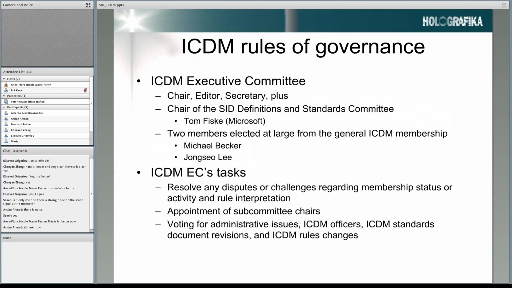The Executive Committee of the ICDM consists of the Chair, Editor, Secretary, the Chair of the SID Definitions and Standards Committee, as well as 2 more members from the ICDM. The Executive Committee is responsible for resolving any disputes about the interpretation of the rules, appointing the chairs of the subcommittees that I'm going to talk about later, as well as voting for officers, documents, rules, and whatever.